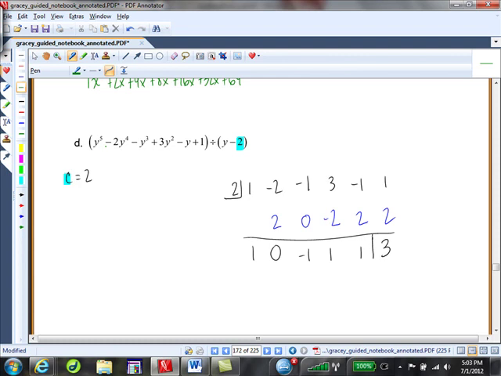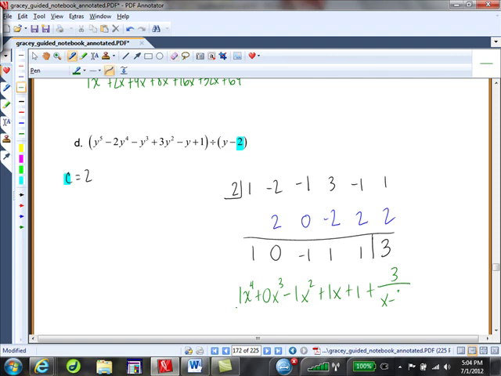So, again, we had a degree of 5, so this means we get 1x to the 4th plus 0x cubed minus 1x squared plus 1x plus 1 plus 3 over our divisor of, oh, look what I did. Bad teacher.